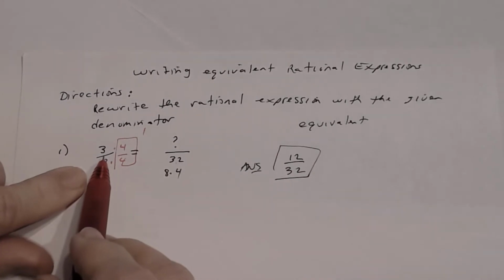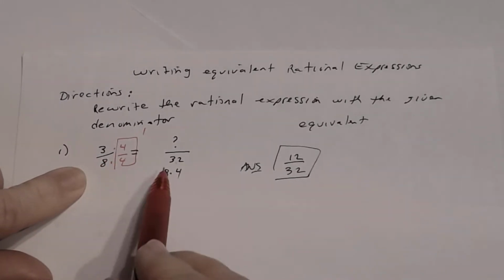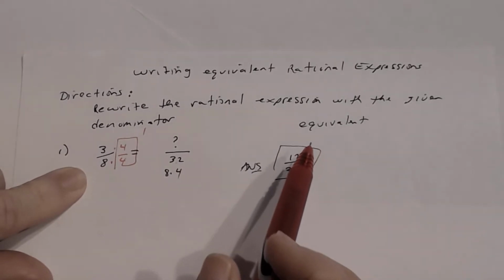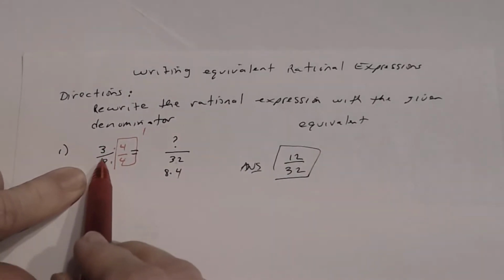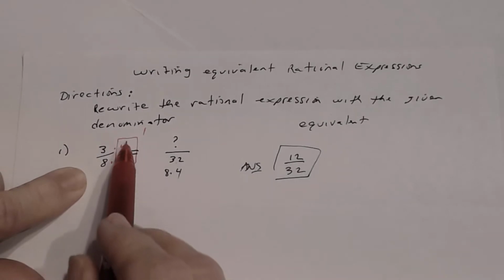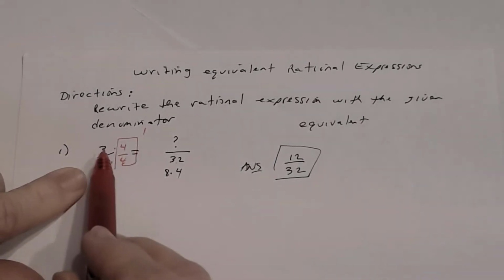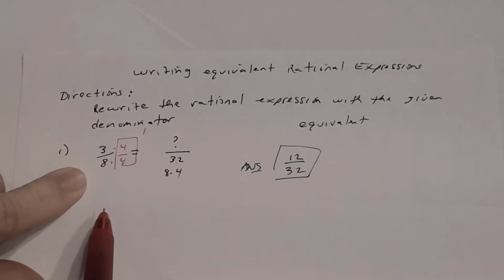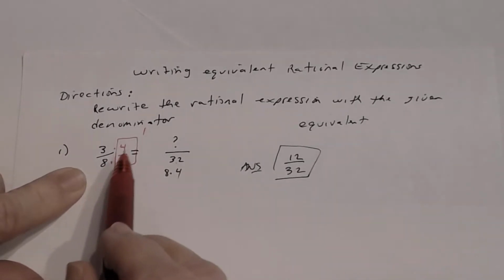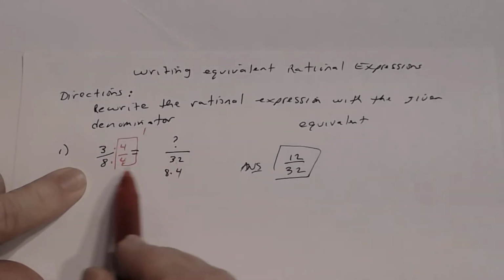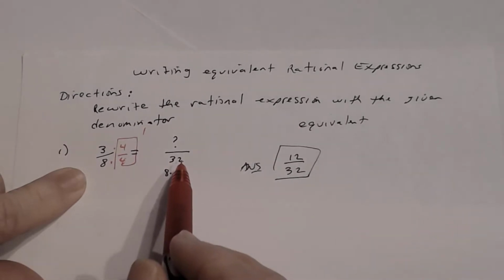So you've got to make sure that whenever you are writing equivalent fractions, whatever you put in that box has to be 1, because 3/8 times 1 is still 3/8. You are just using different numbers where the numerator and denominator are the same, so that you can get equivalent fractions with different denominators.